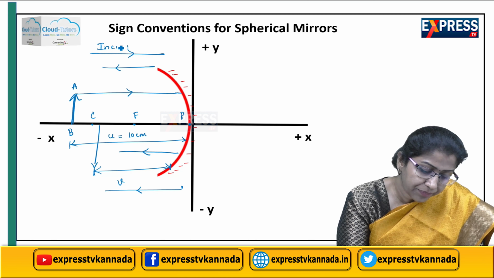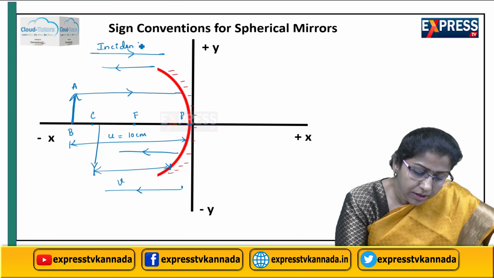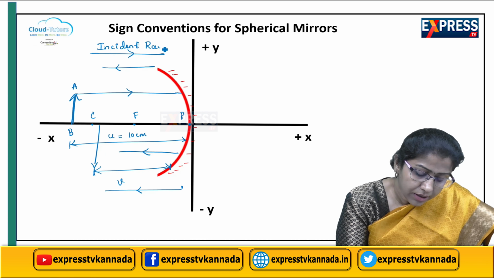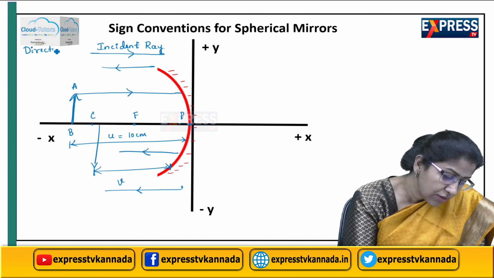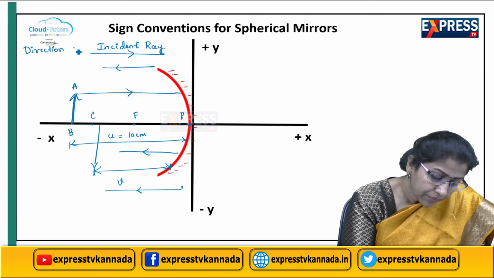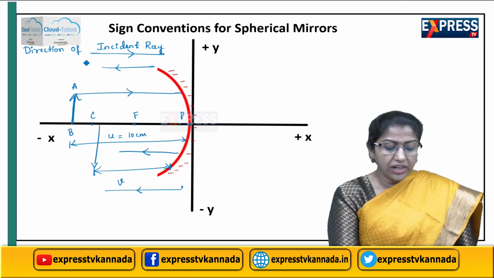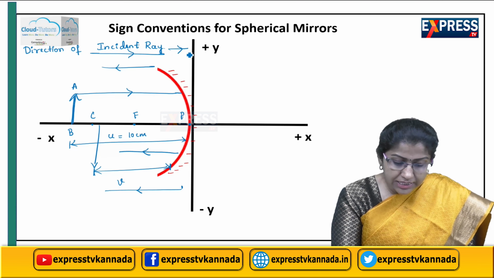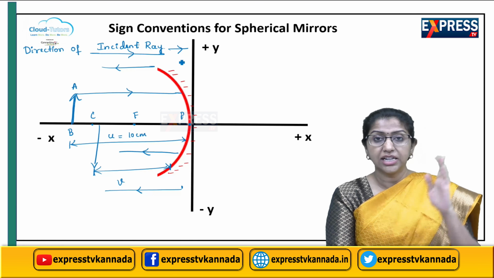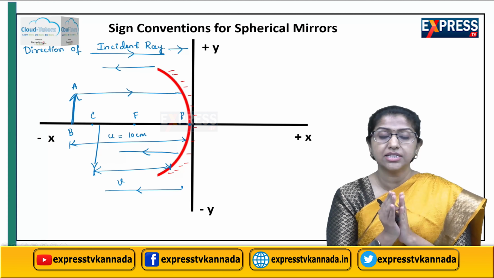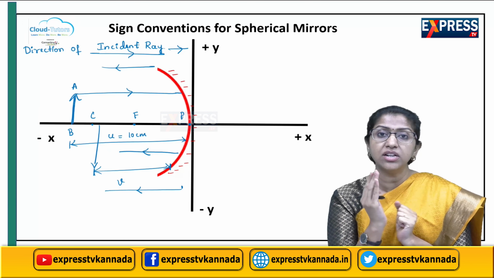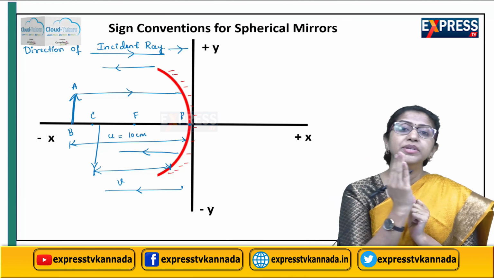So if the direction of the incident ray is from my left to right, all the distances are measured from the pole.